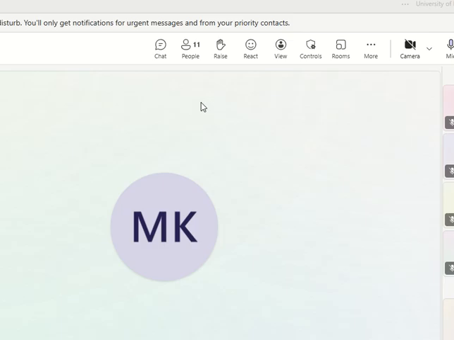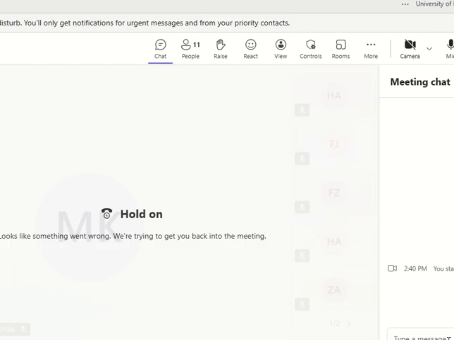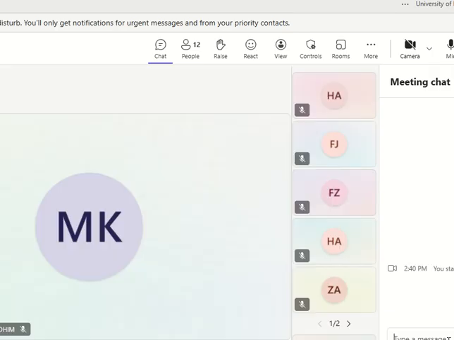Now, who can give me an example of a portable thing? What do we mean by portable? When we say something is portable, what do we mean?